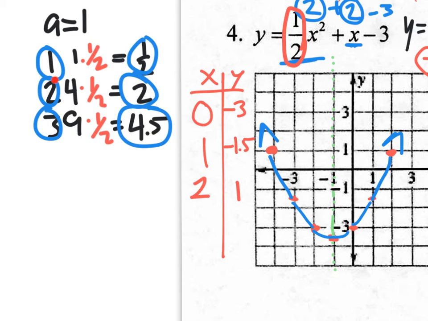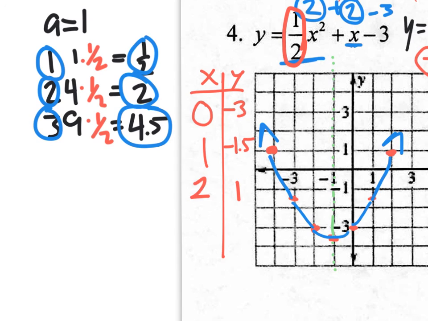If we went 2 over and 2 up from the vertex, 2 over and then 1, 2 up, we'd be at that point on the parabola. 3 over and 4.5 up. Think about that. 1, 2, 3 over, and then 1, halfway, 2, halfway, 3, 4, and then 4.5 would get you to that point right there.